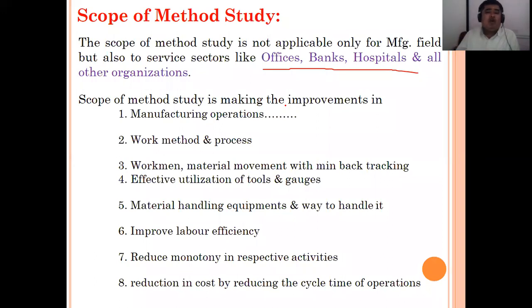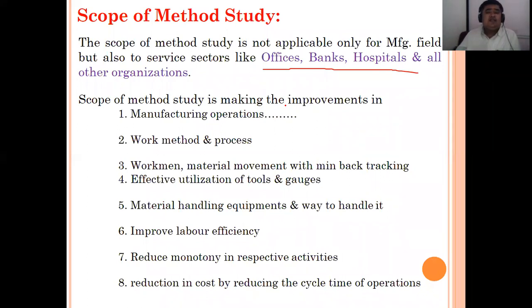Then admit wards are again at different sides. ICUs and general wards are not at a single place. If the ICU is at the first floor, the second floor, a general ward may be at the first floor. Is it right? So like this, the arrangement was made, and this is because of the method study.